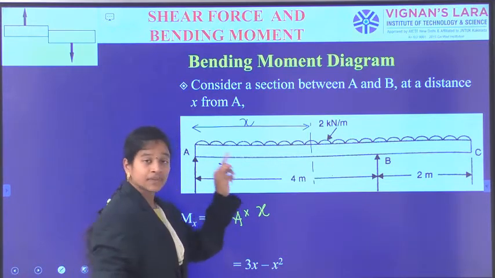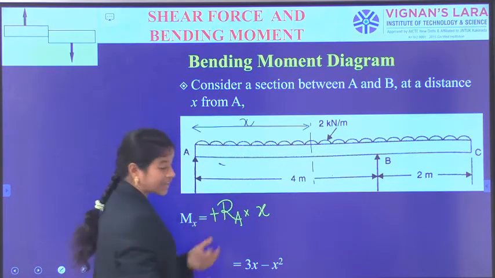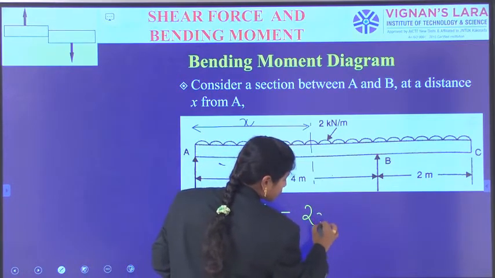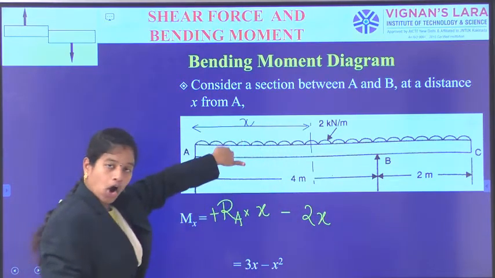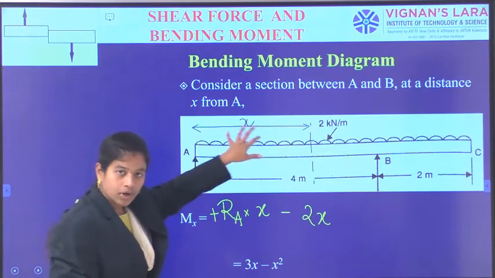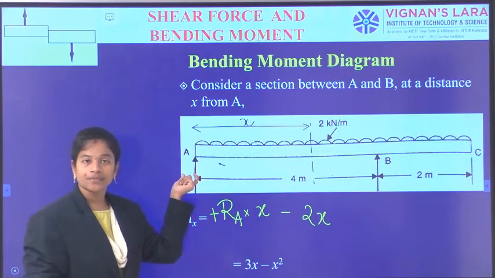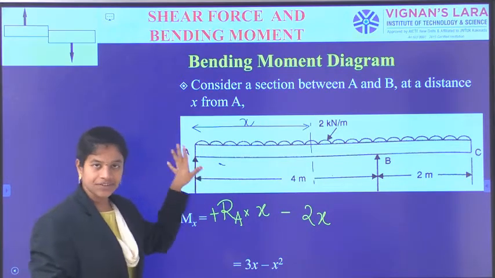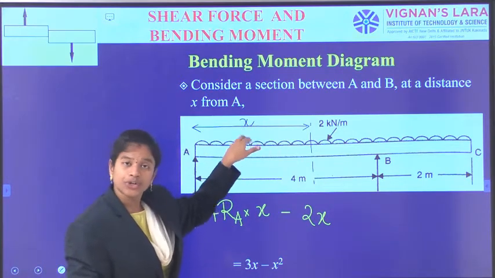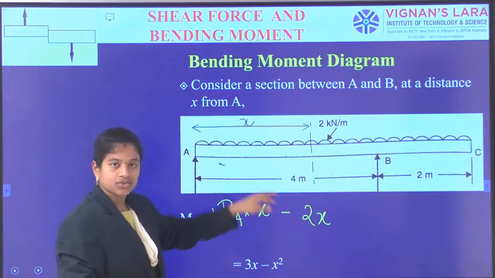positive RA into x. And on the left side there is a UDL of 2 kilonewton per meter, so minus 2 times x, because it gives the hogging type moment onto the beam. Only that force you should observe. What is this force doing to the beam? That force is causing it like this, so negative.